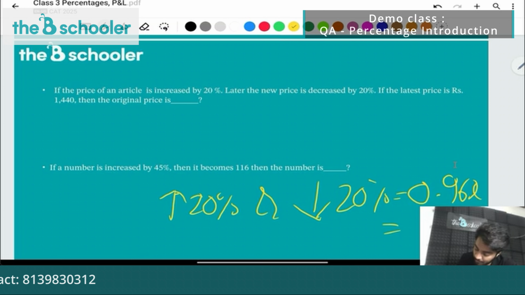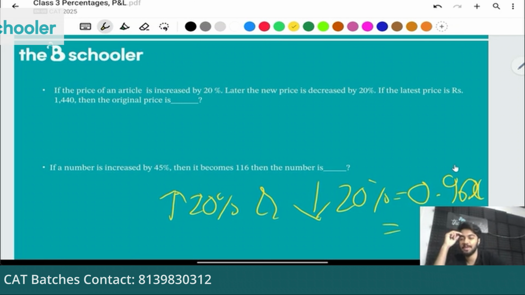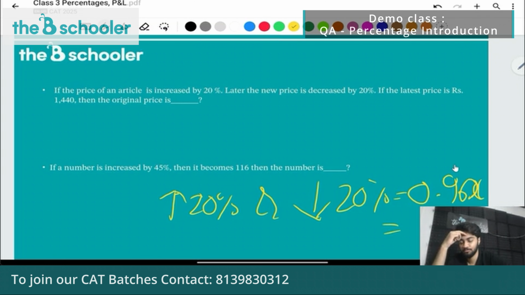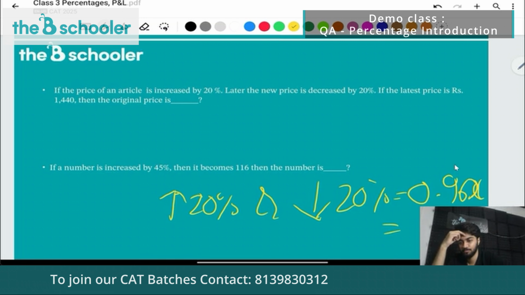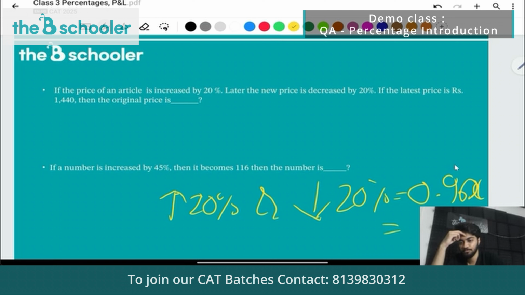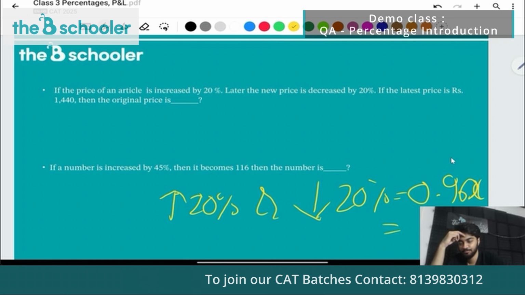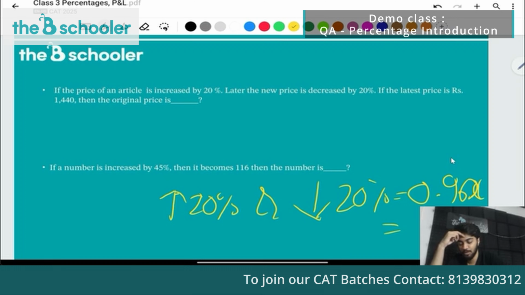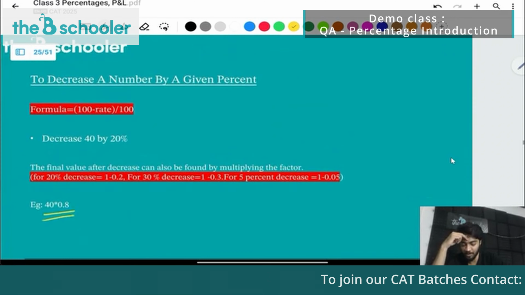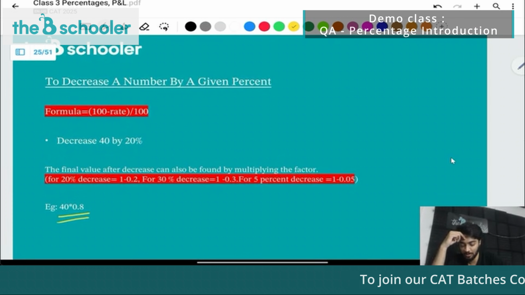What is 0.96x in terms of percentage change from x? Anyone? Using the concept we applied in percentage reduction, since it is 20% here, we multiply by 0.8.